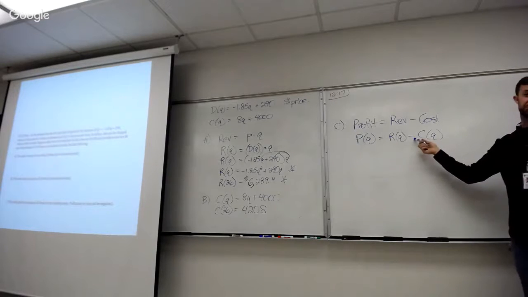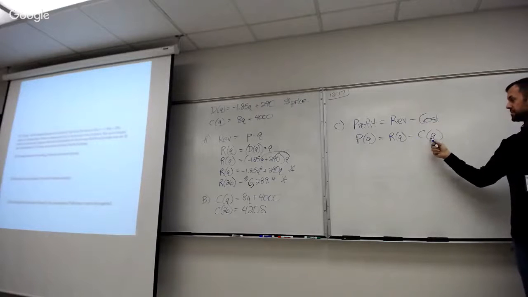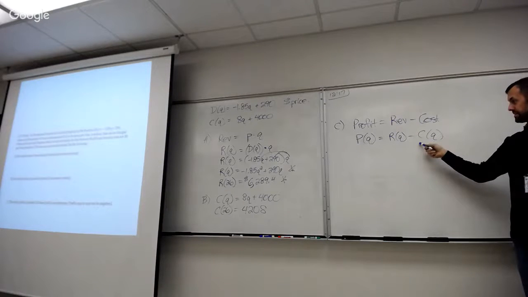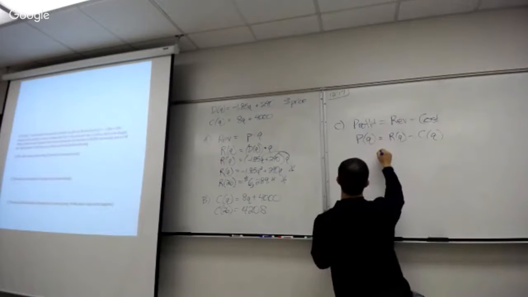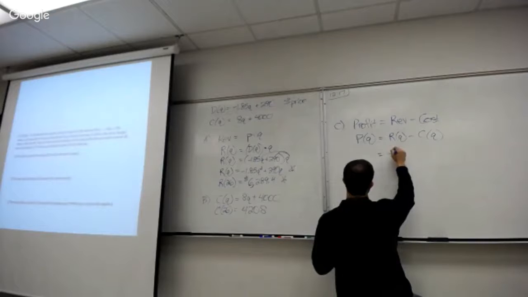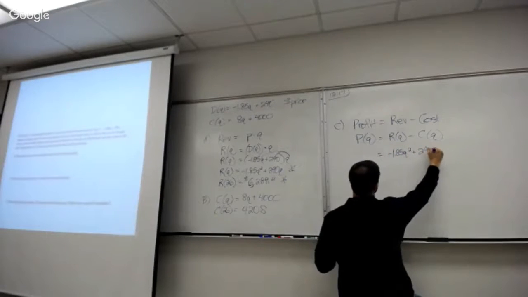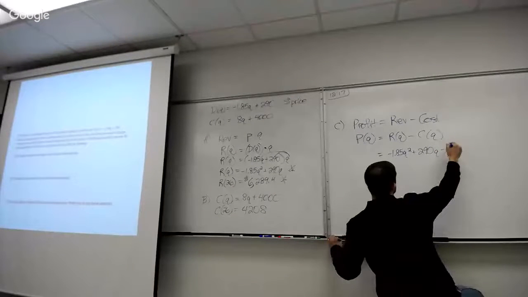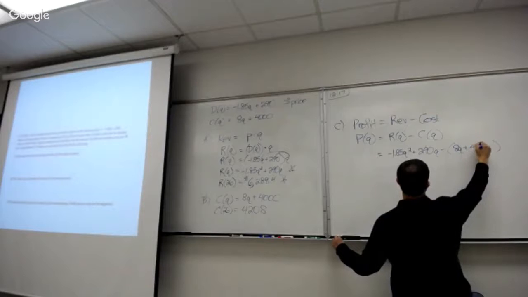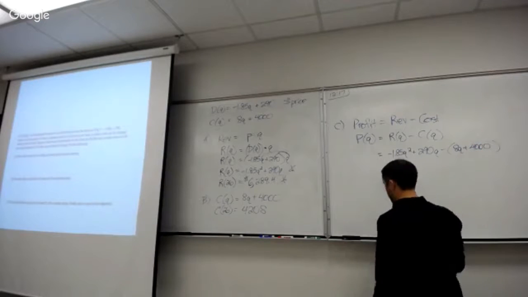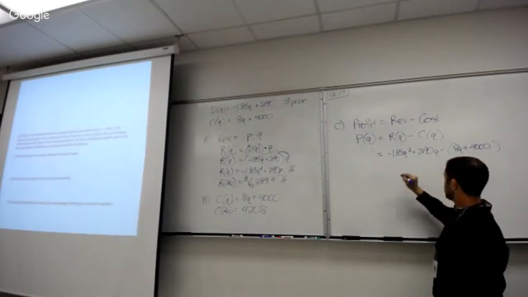And because we're subtracting two functions, you want to be really careful about this subtraction, that you put your cost in parentheses so that you distribute the minus to all the terms inside. So what is our profit then? The revenue was negative 1.85 Q squared plus 290 Q. And then I'm going to subtract my cost, which was 8Q plus 4,000. It's really important you have those parentheses, so you distribute your minus.